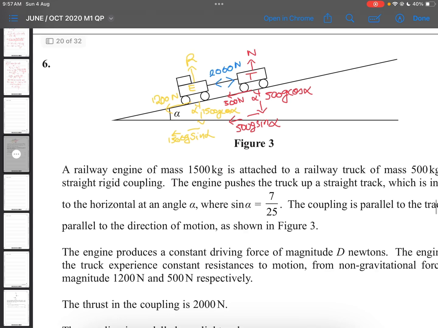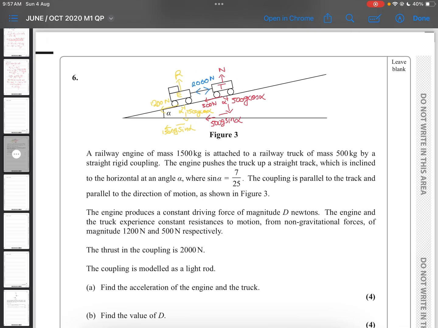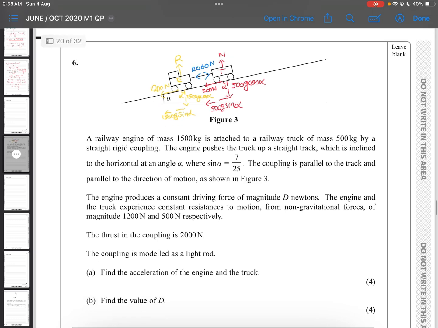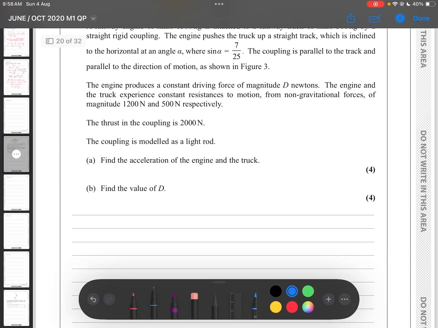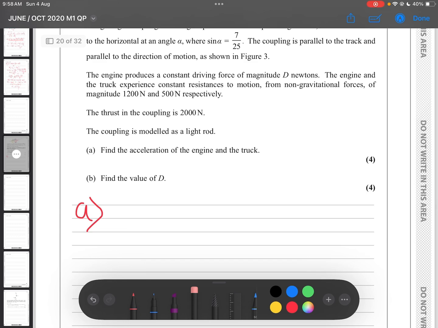Okay, now everything has been drawn out. Now let's go to the question. They said find the acceleration of the engine and the truck. So now what we can do is either consider both as a single particle, or consider only the truck and the forces acting on the truck, or the forces acting on the engine. So I'm going to take only the truck and show you how to solve it. So part A, we know the equation resultant force is equals to ma, right?